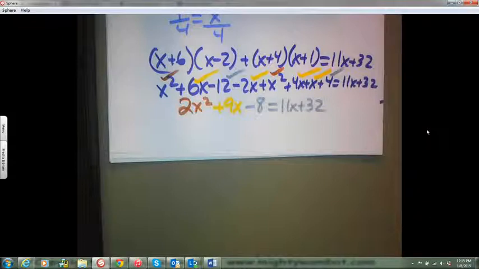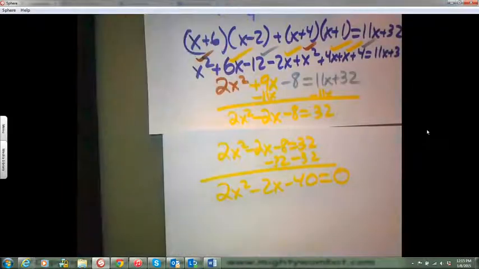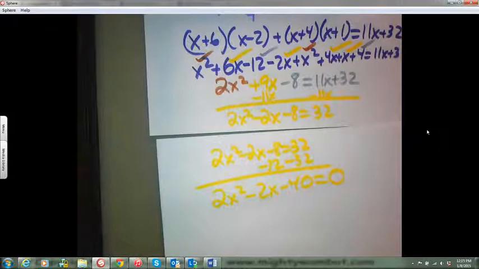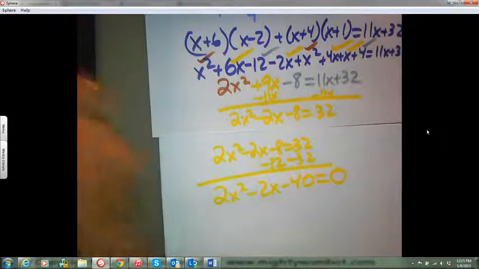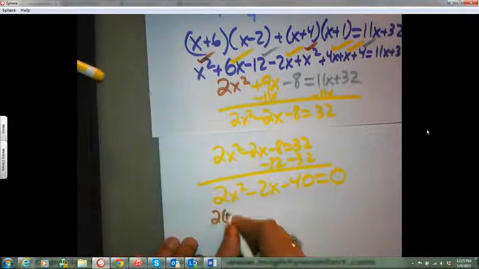Here's where I am now once I brought the right side over to the left side. If you've done this, then factor it. Now you can solve for the roots. I factor out the 2 first.